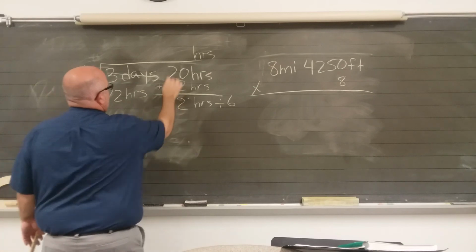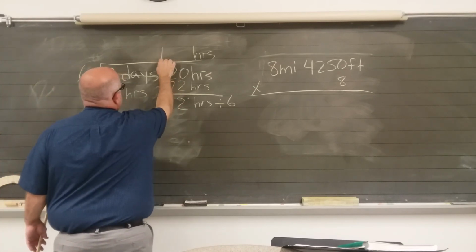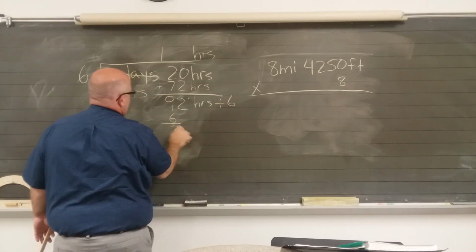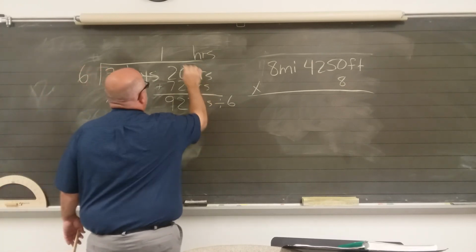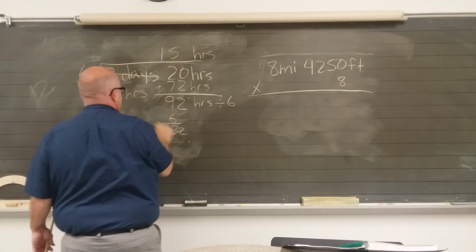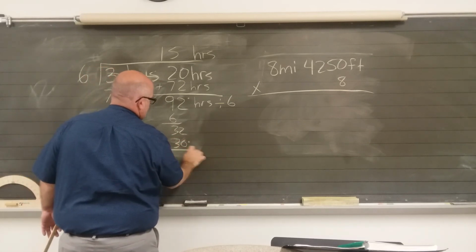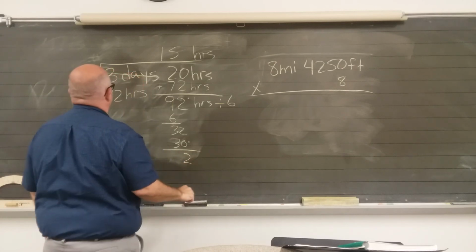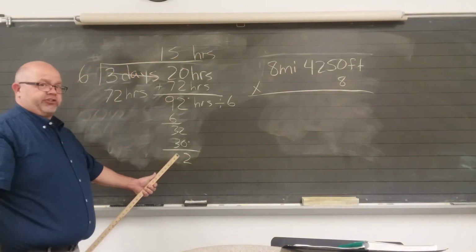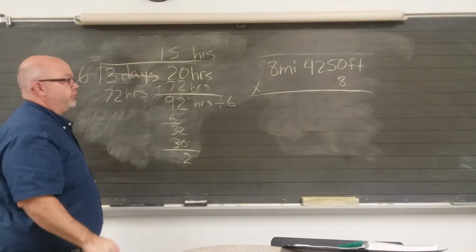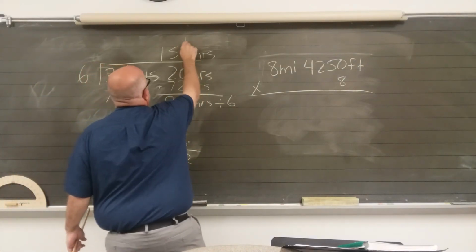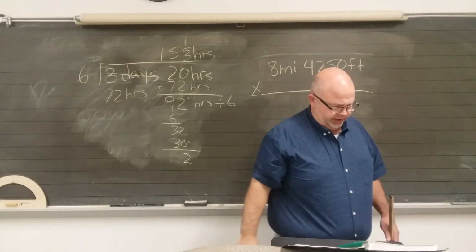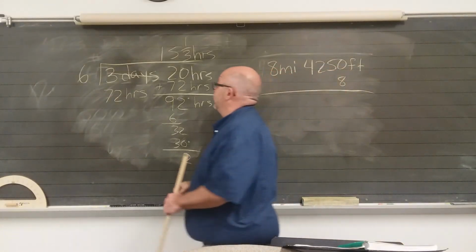6 into 9 is 1, right? 1 times 6. 6 into 32 is 5. And you're going to have 2 left over. 2 over 6, make it a fraction. 2/6 reduced is 1/3. 15 1/3 hours is your answer.